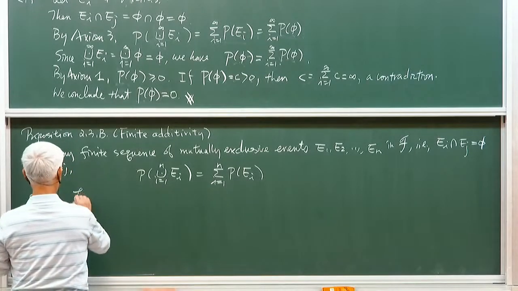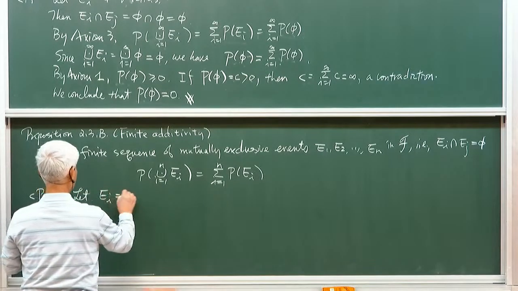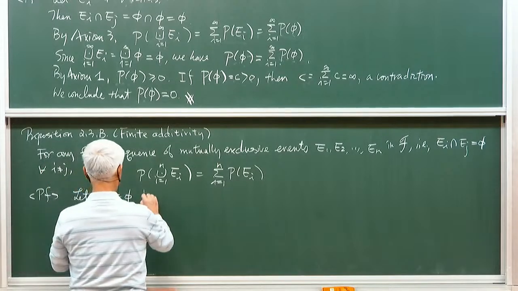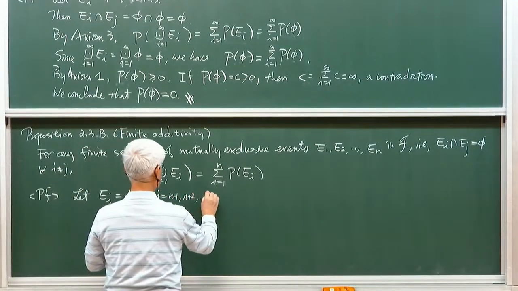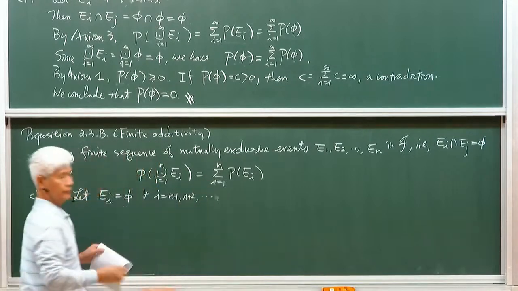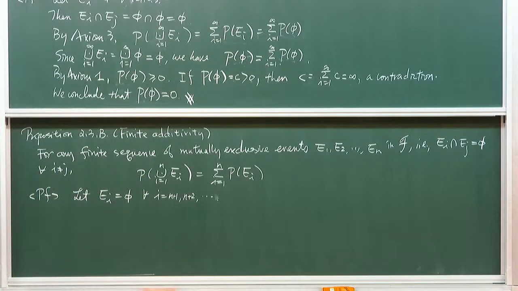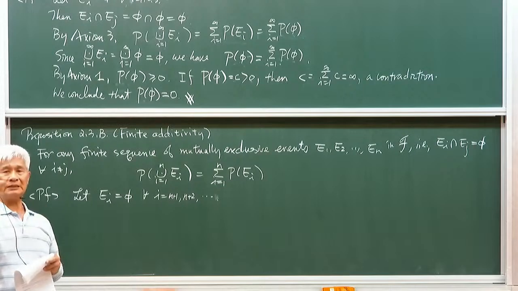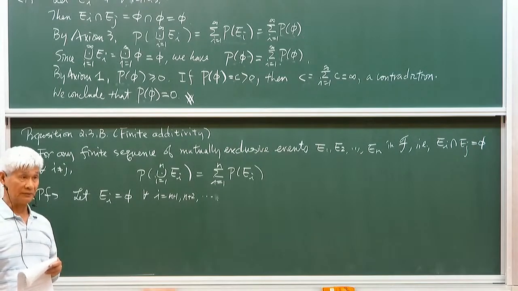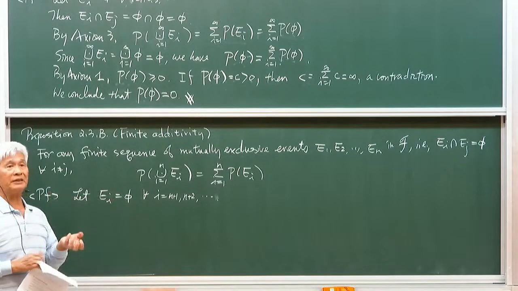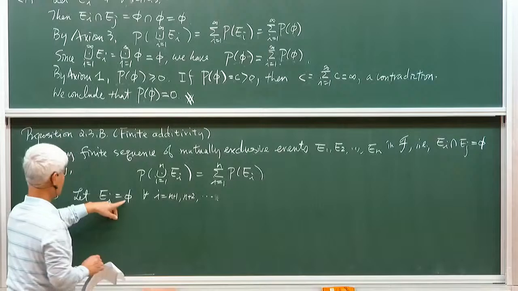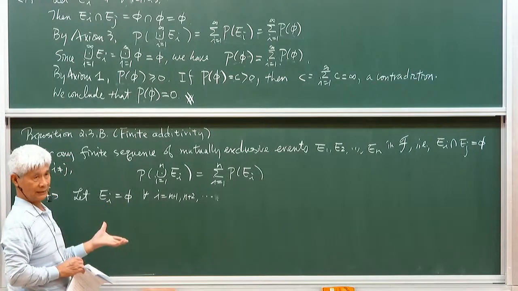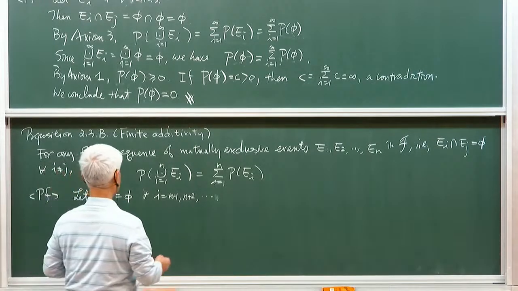We let E sub i be the empty set for all i starting from n plus 1, n plus 2, etc. Now we have an infinite sequence of mutually exclusive events, because each E sub i is an empty set. For example, E1 intersect the empty set is still the empty set.